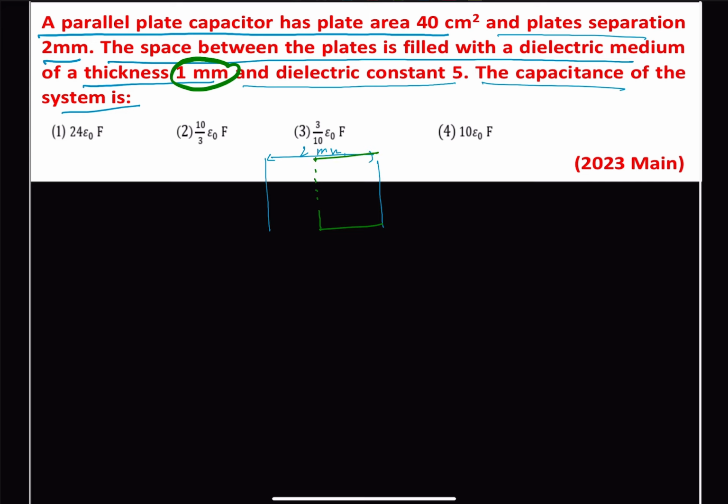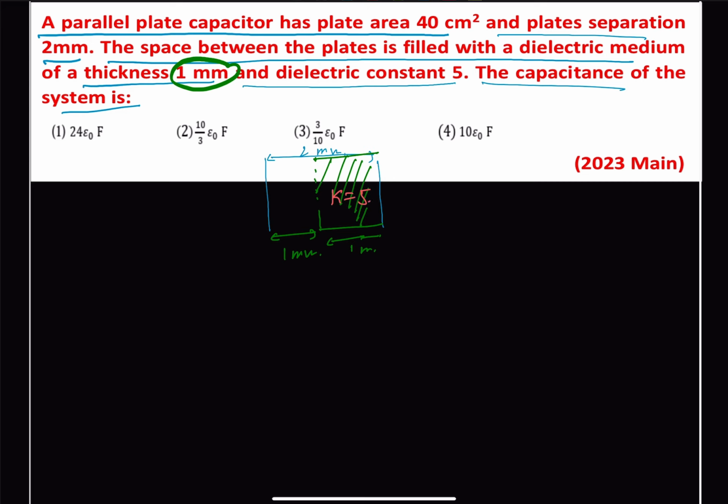So this is a dielectric which is of thickness 1 millimeter. Therefore the air gap which will be remaining is also going to have a thickness of 1 millimeter. Area of the plates will be same, it is not going to change. The dielectric constant of this dielectric is given to us as 5.